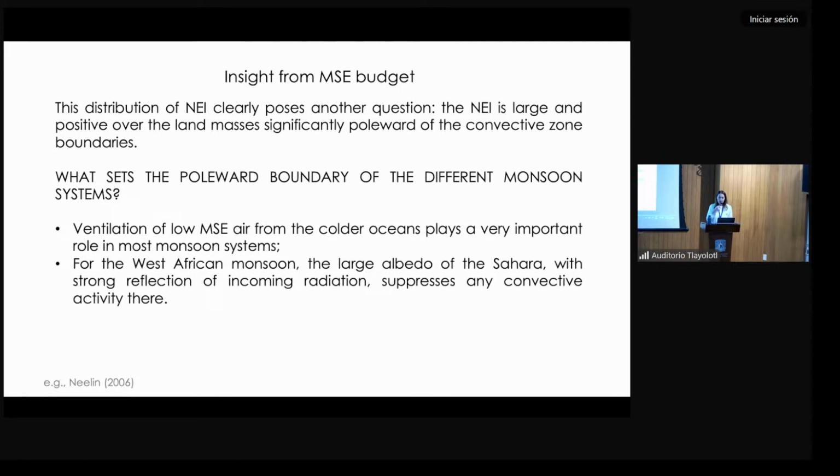That import of low moist static energy air kills the convection. For the Western African monsoon, in reality, it is more the large albedo over the Sahara, with strong reflection of incoming radiation.